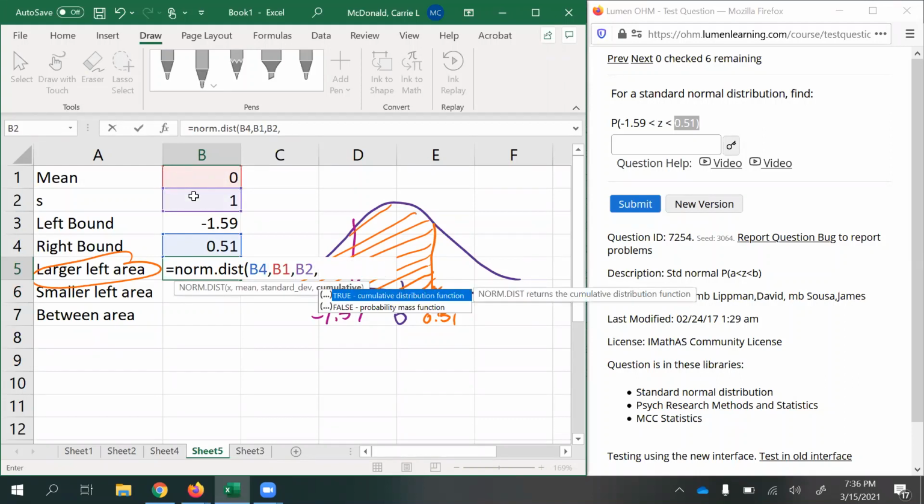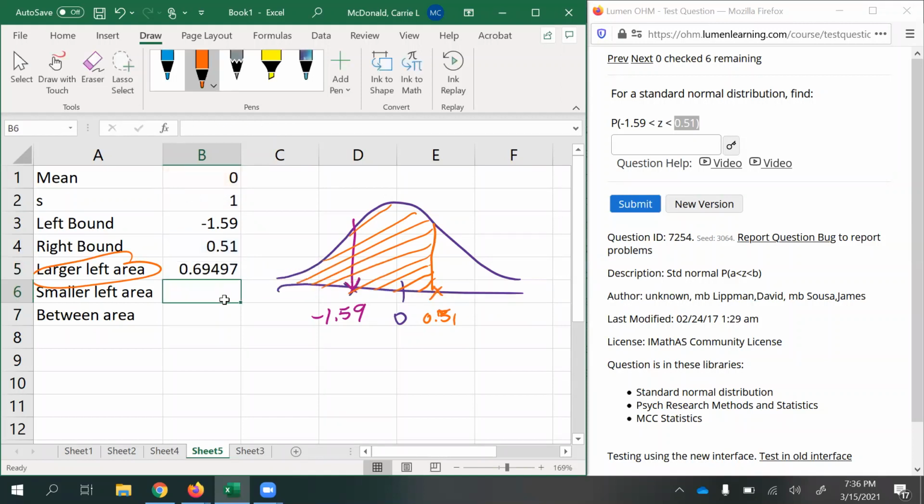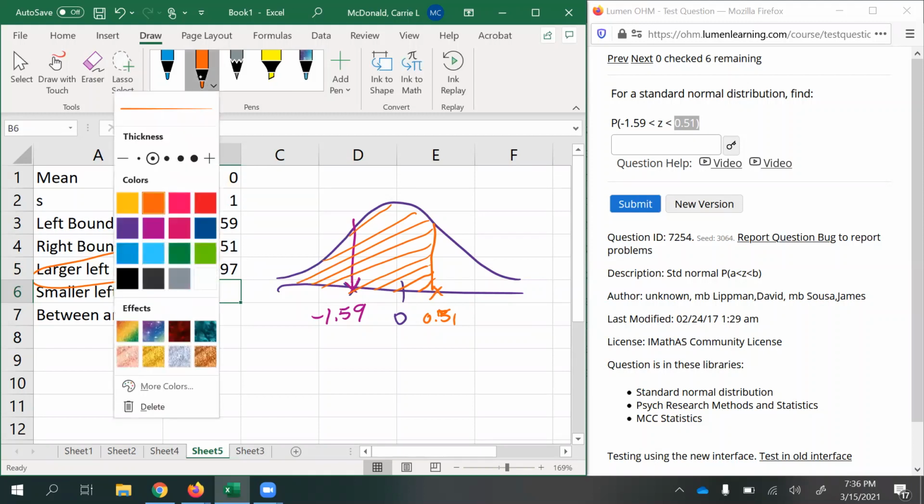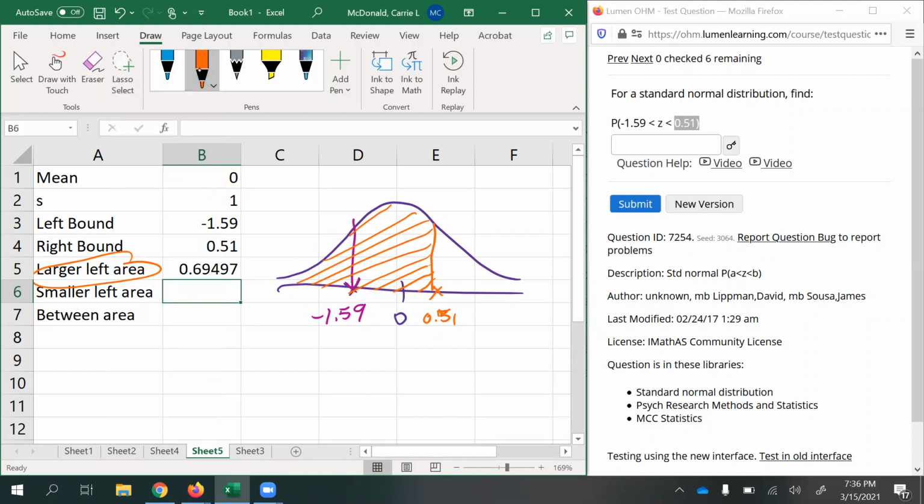And of course, true for cumulative, or just type 1. And then for my smaller left area, I'm going to do from here over.